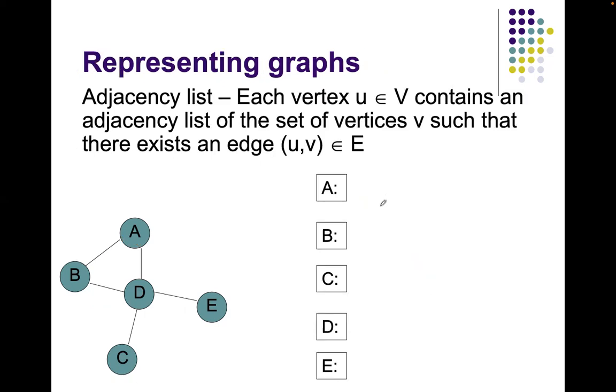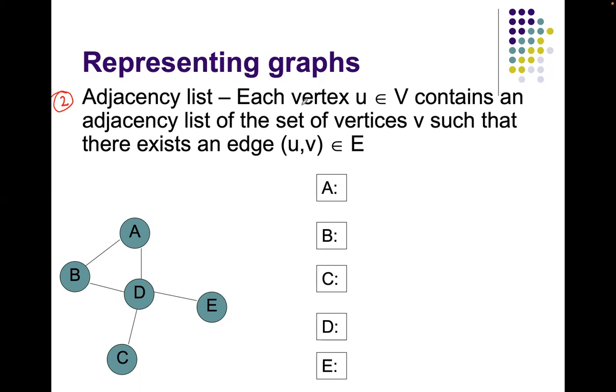Another way to represent a graph is the adjacency list. In the adjacency list, we want to say which of the nodes are connected with A, which are connected with D, or which are connected with B. So let's say we have this graph here.